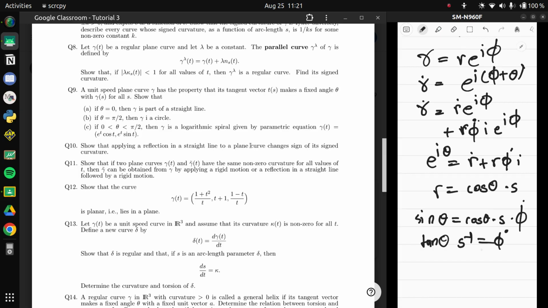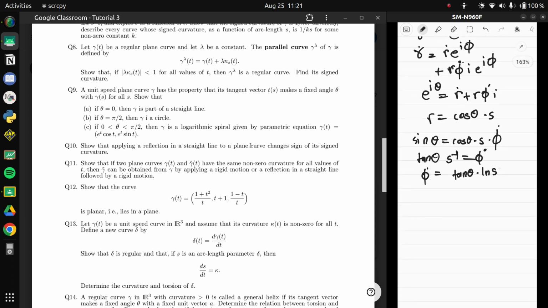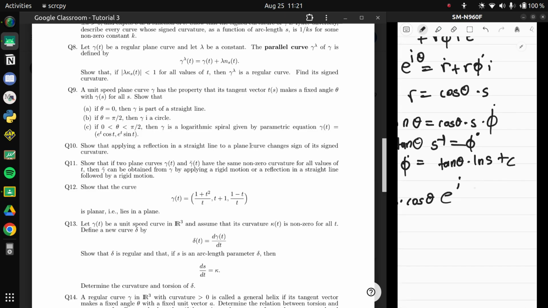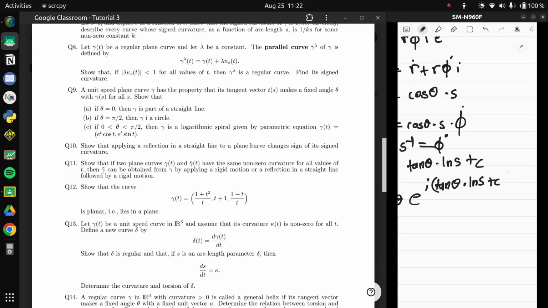So integrating that, we have phi equal to tan theta times natural log of s plus some constant, whatever, right? So r is something like cosine of theta times s, and then e power i times this stuff, tan theta times natural log of s plus some constant. We don't know what the constant is though.